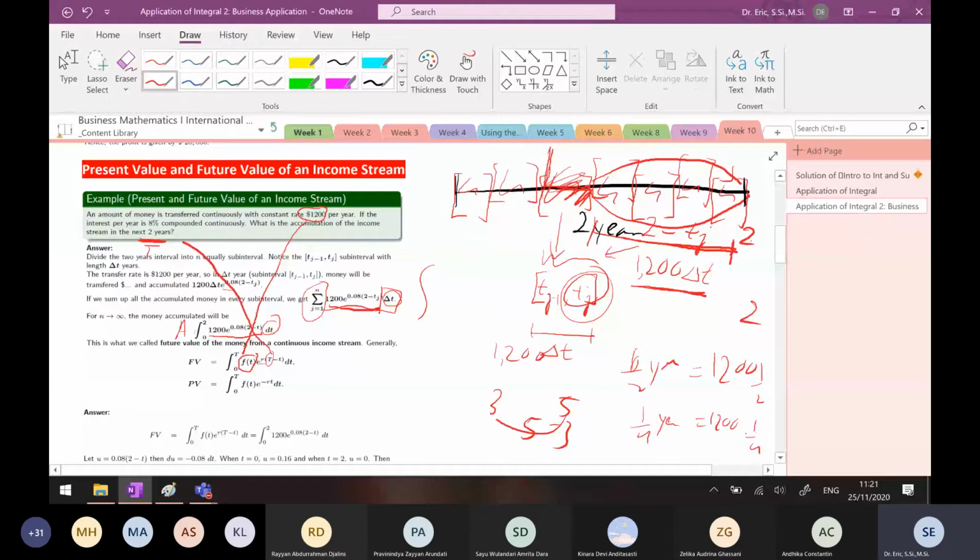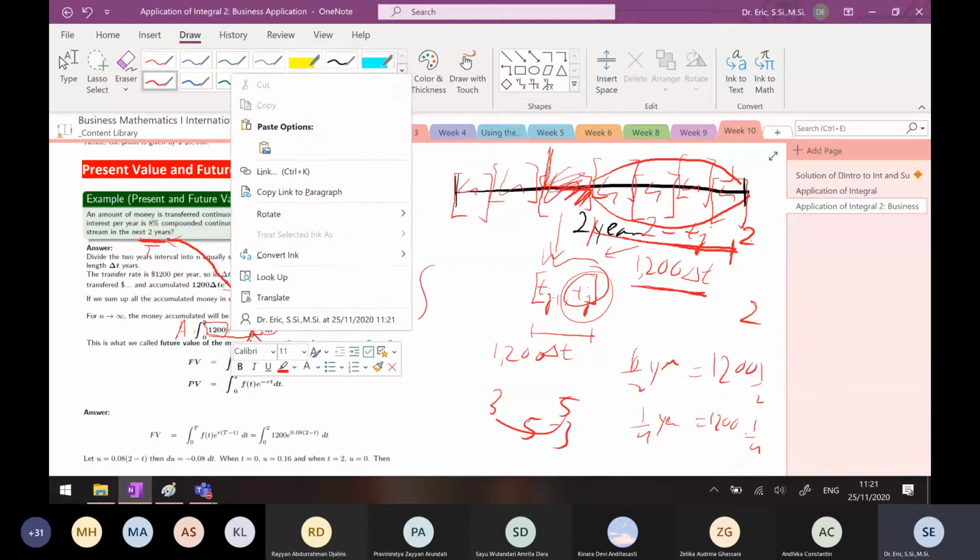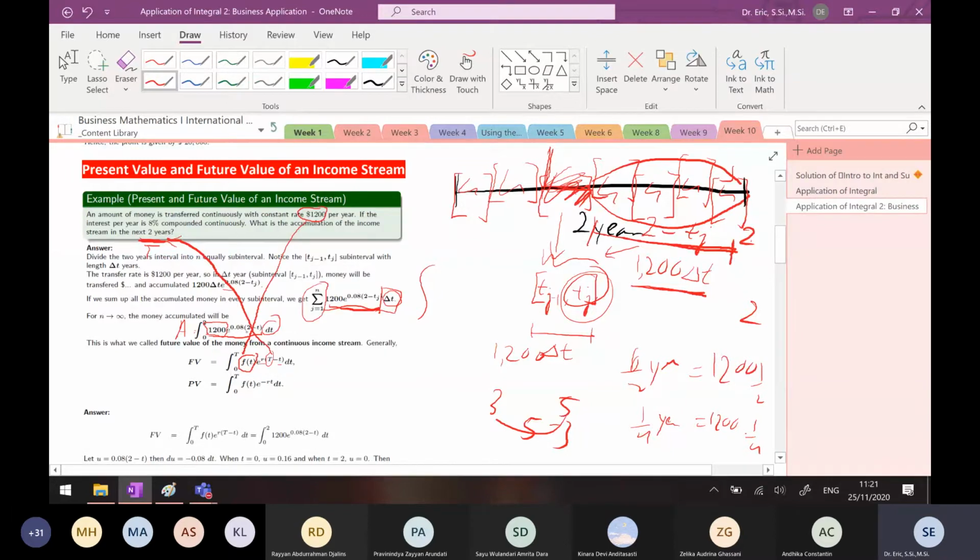What is T minus t? Here it is 2 minus t, where t is the variable. That's why we have this 1,200 as f(t), times e to the power of r, the interest rate, times 2 minus t. 2 minus t is how many years it is deposited, dt.